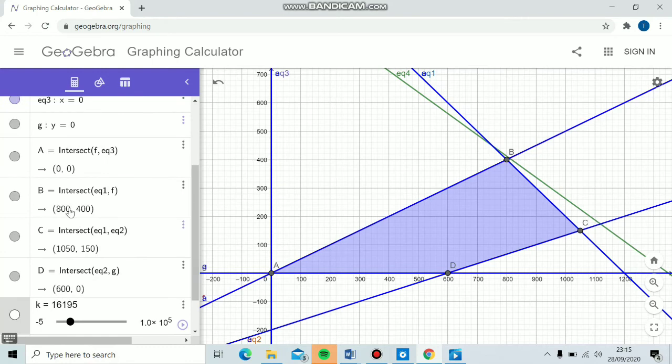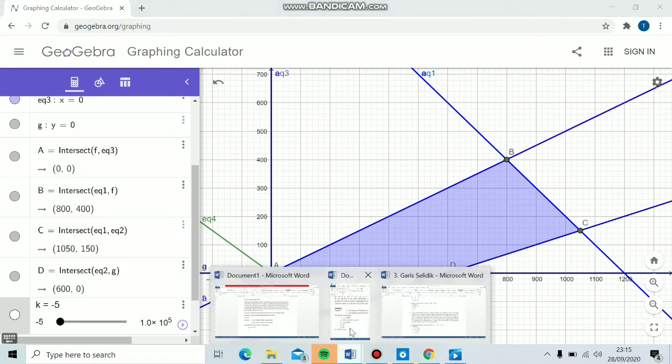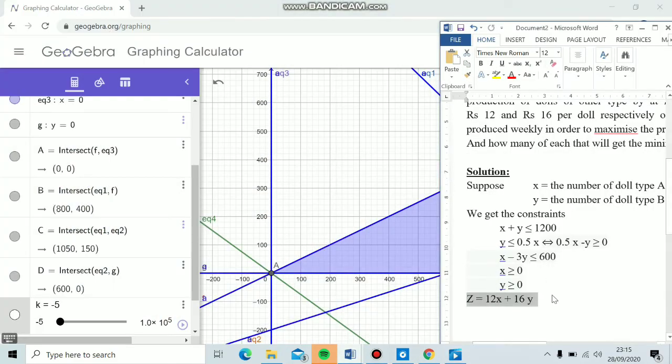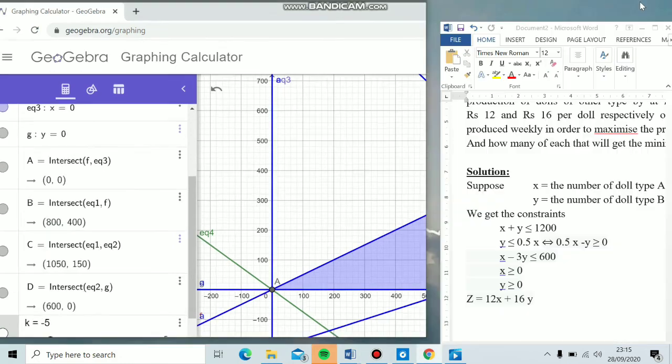So B here is 800 and 400, and the minimum point is A, 0, 0 in here. Yes.